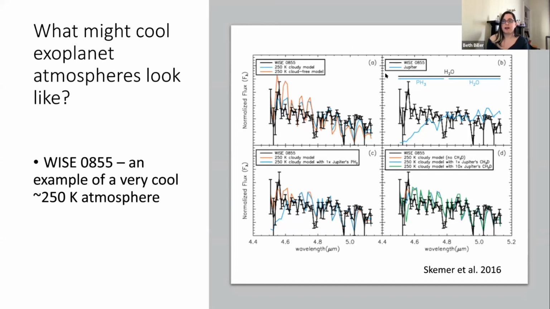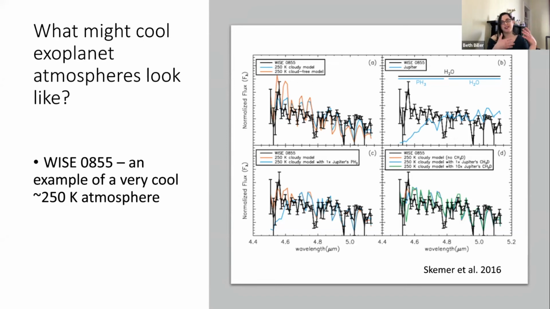So here is a comparison with Jupiter, actually a much colder object than this. And one key difference is WISE 0855 doesn't seem to have this strong phosphine feature that we see in Jupiter.